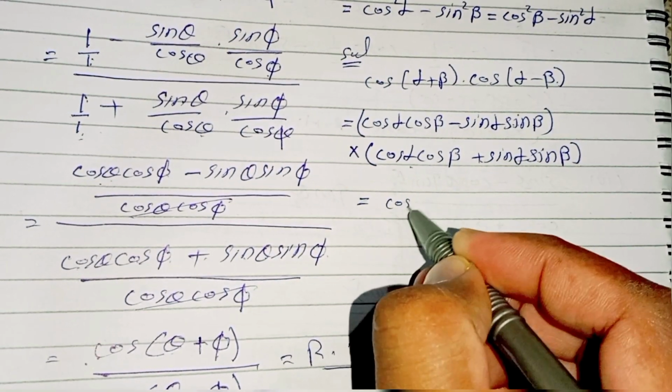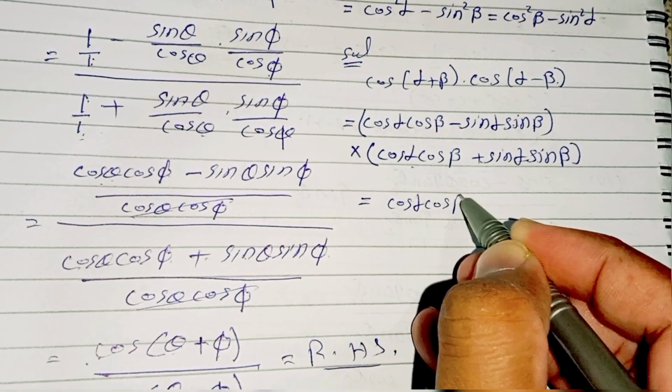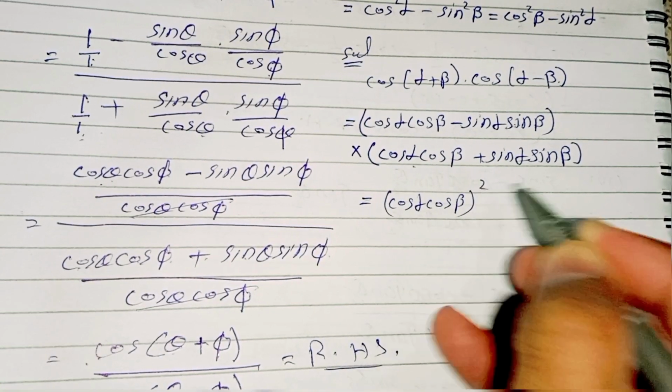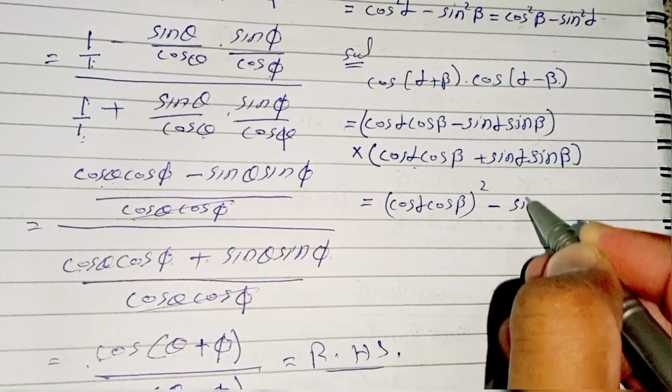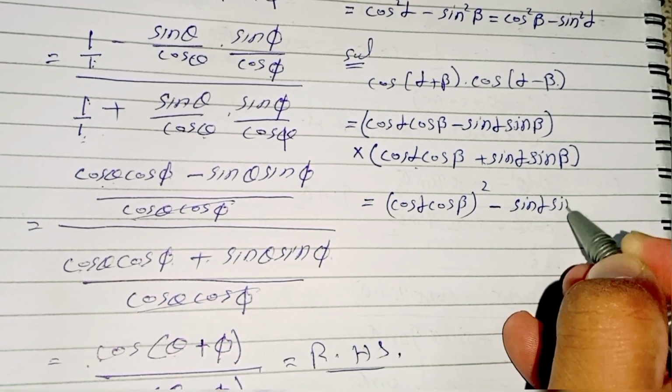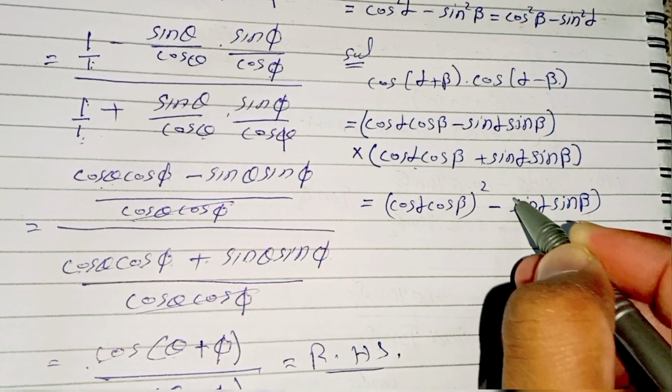So we have cos alpha cos beta whole square minus sin alpha sin beta whole square.